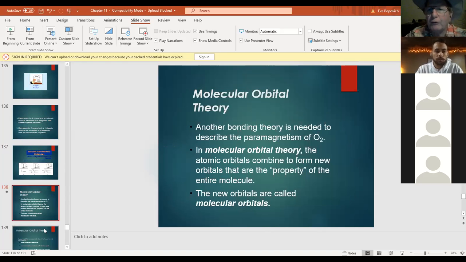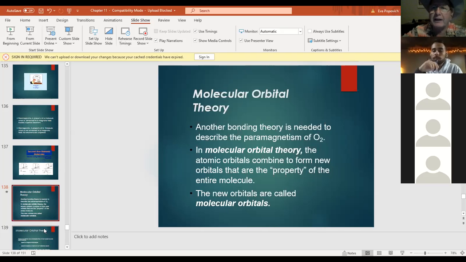So in order to explain this, we came up with another theory called the molecular orbital theory. Where we've been dealing with, we've kind of been saying that the orbitals are centered around the individual atoms. What molecular orbital theory says is that once the atoms get together and form a molecule, we make new orbitals.